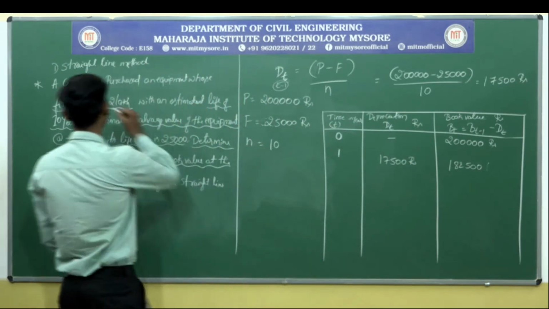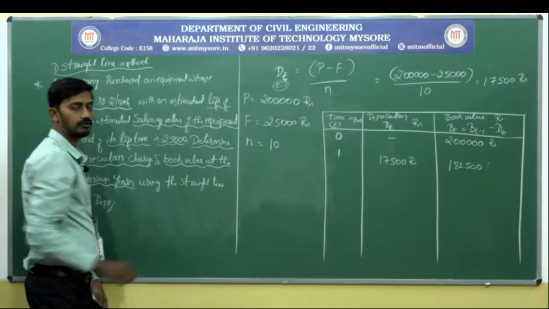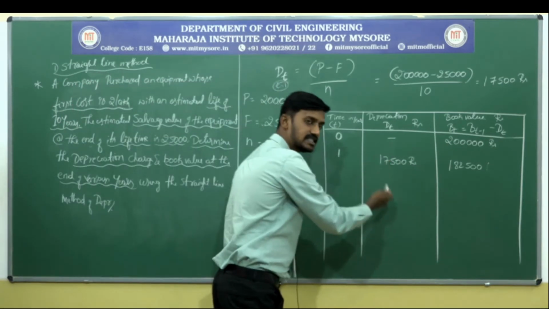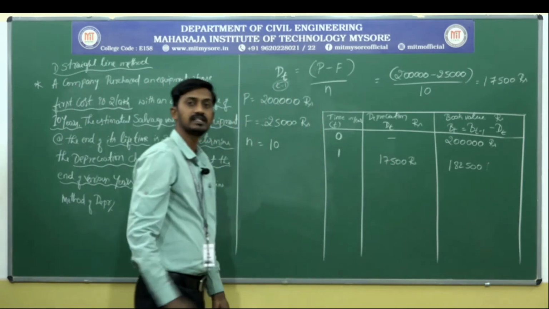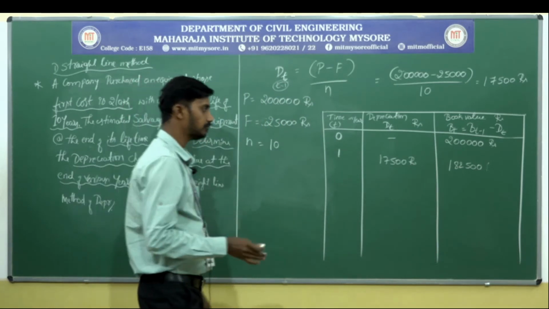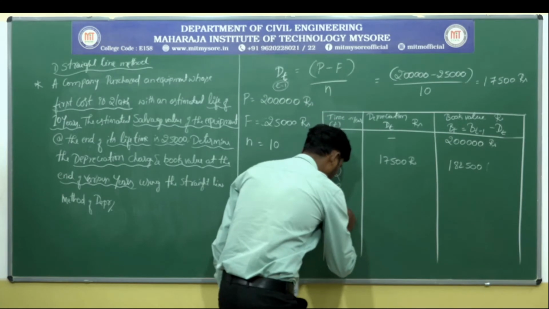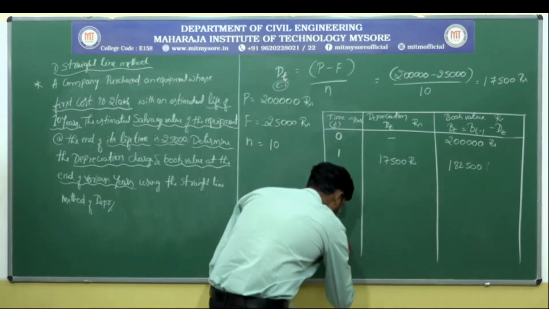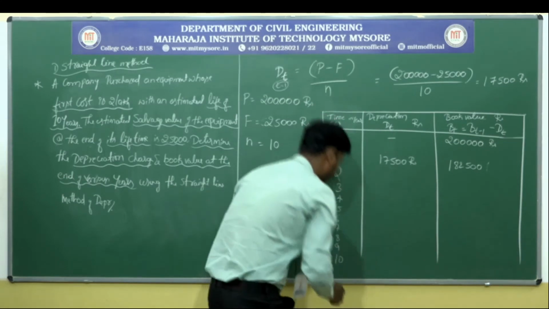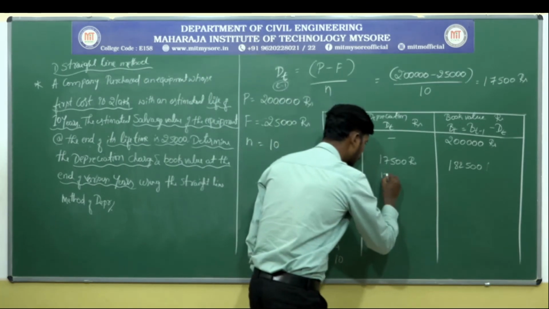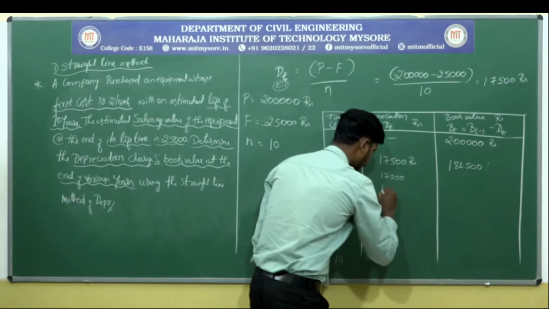Because this is the straight line method of finding depreciation, this will remain the same for every year, for the whole 10 years.